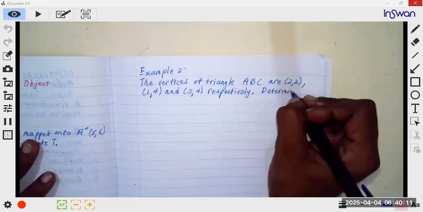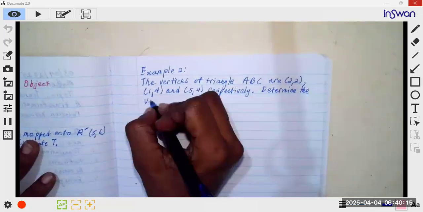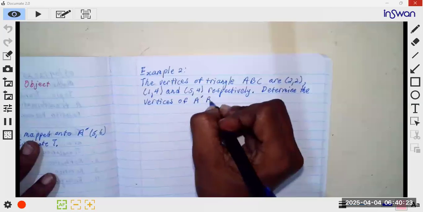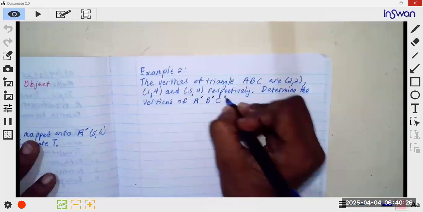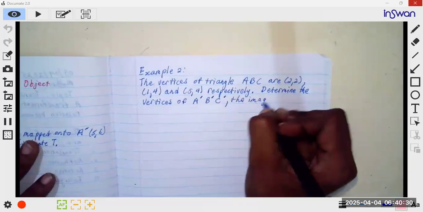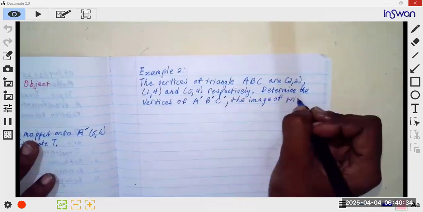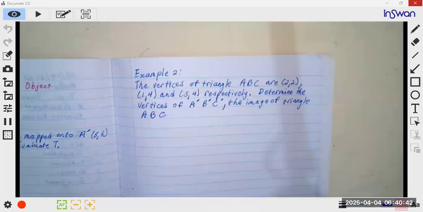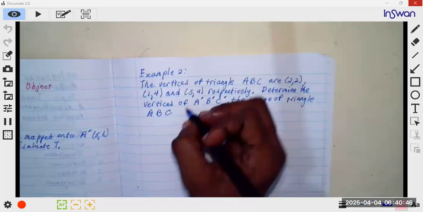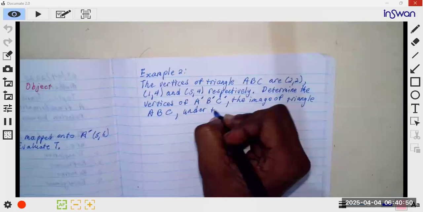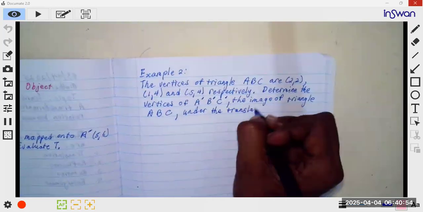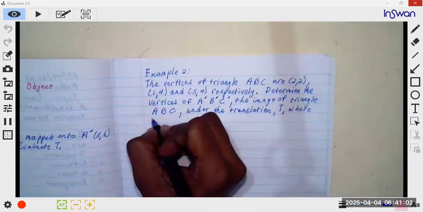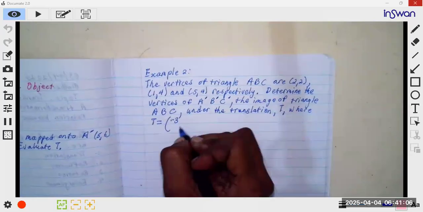Determine the vertices of A prime, B prime, C prime, the image of triangle ABC under the translation T, where T is equal to (-3, 2).